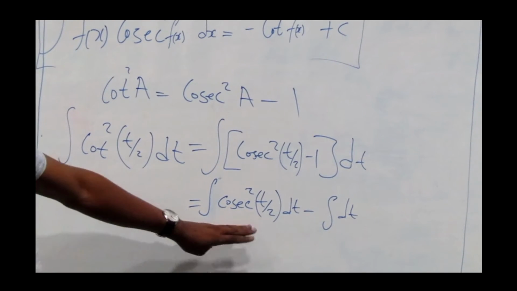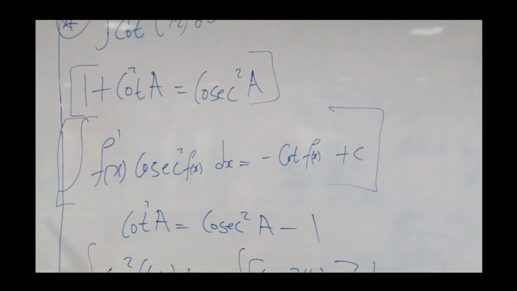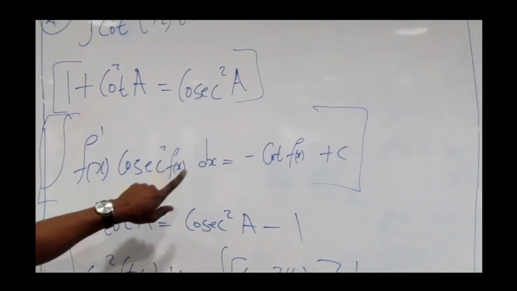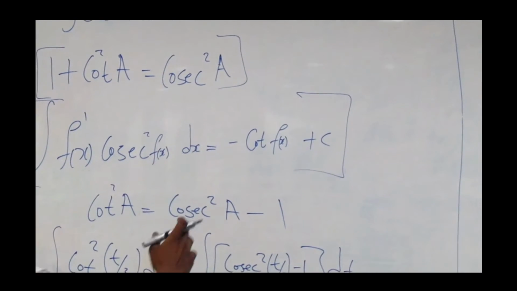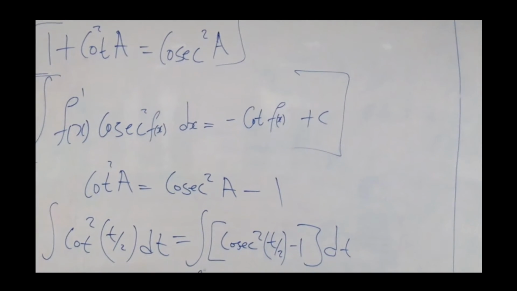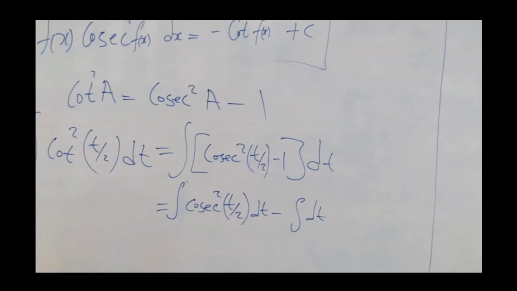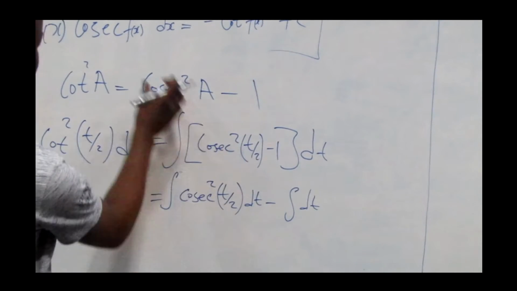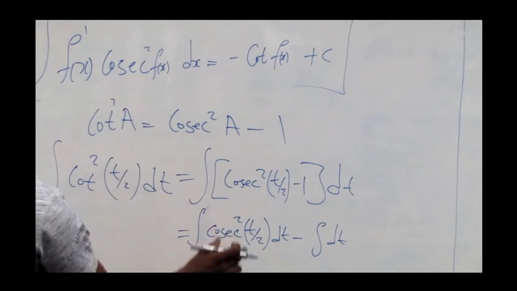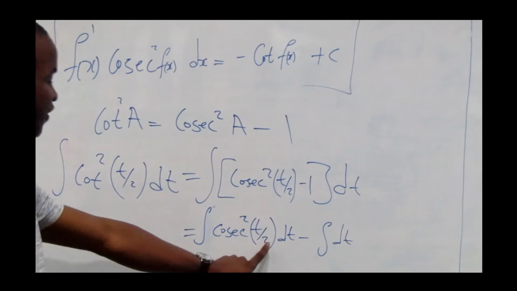So from here we come to this general formula that says the integral of f prime x cosec square f of x dx is equal to negative cot f of x plus c. So we are integrating cosec squared t over 2, of which our f of x here is t over 2. When we integrate this, we first differentiate the function f of x.